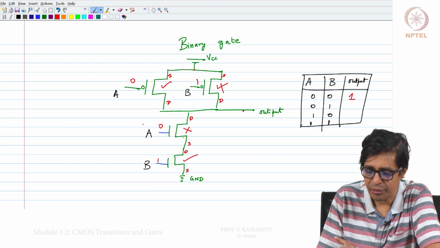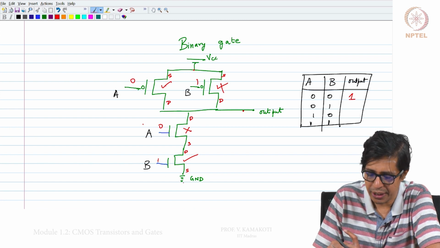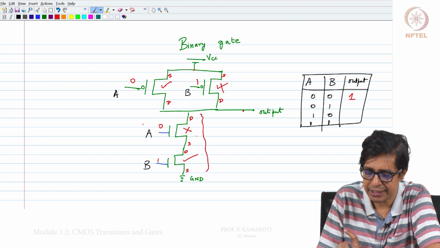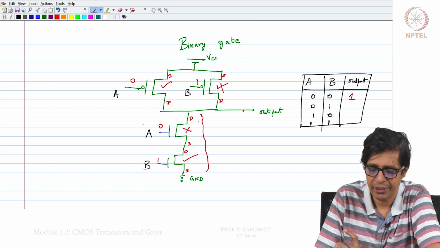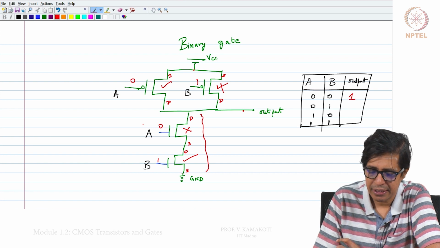Since this N transistor is off, this whole circuit here is disconnected.